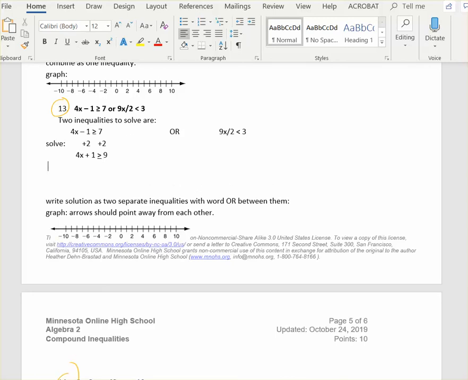And then you would subtract 1 from both sides. Wait, why did I add 2 to that? I don't know. I can do that, but it doesn't make any sense. I should have added 1 to both sides to undo the -1. Fix that up. And then that way we have a simpler problem. 4x is greater than or equal to 8.